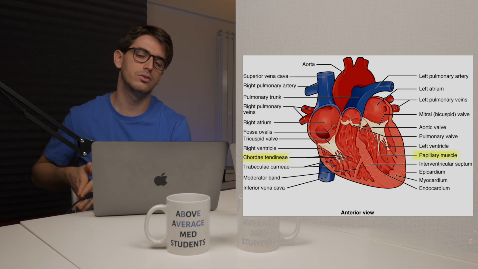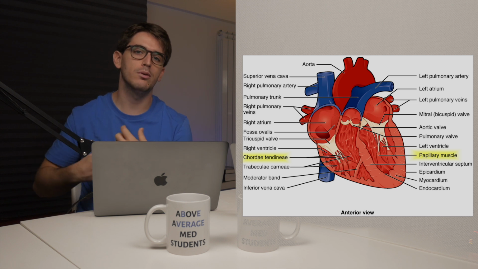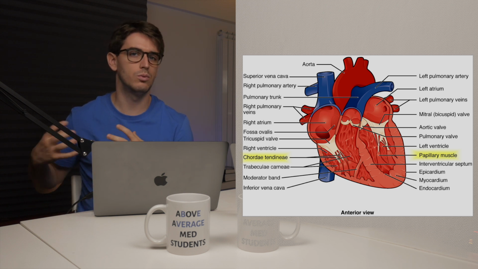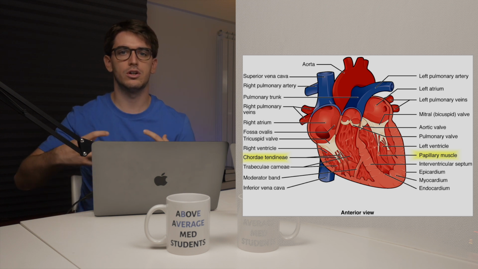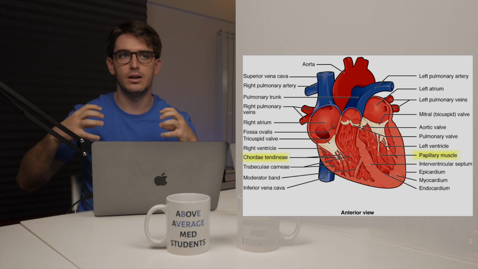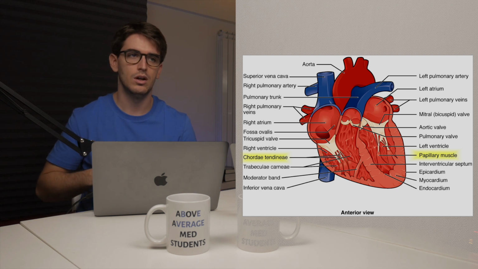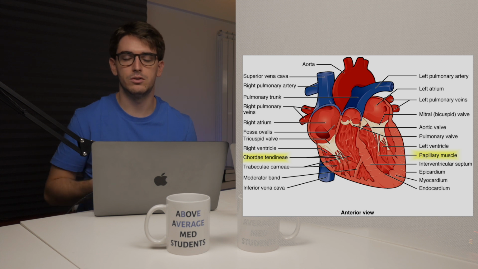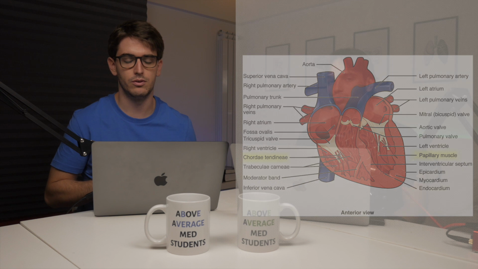What are papillary muscles? They are nipple-shaped protrusions found on the walls of the ventricles, which contract when the heart is contracting as well. And the role of these papillary muscles is to prevent the mechanism of eversion, as Francesco said before. How does this work?